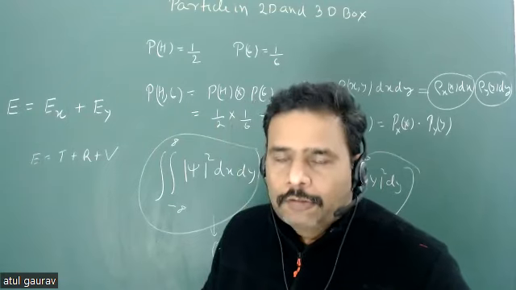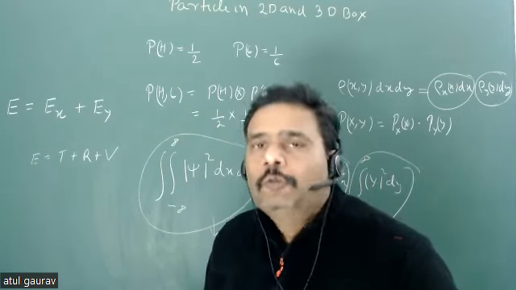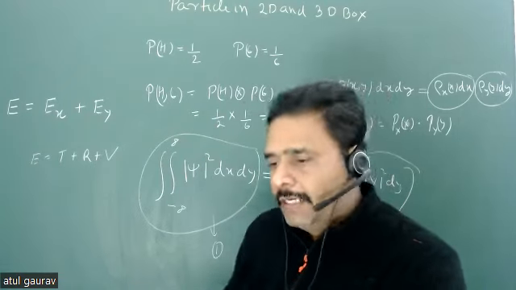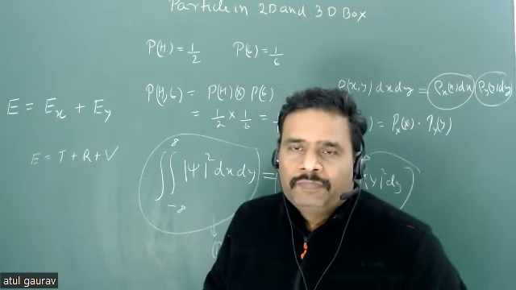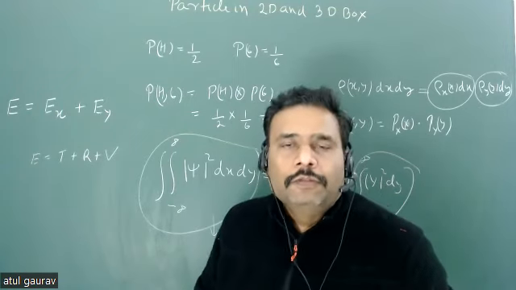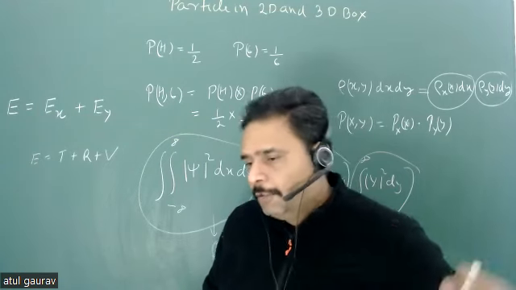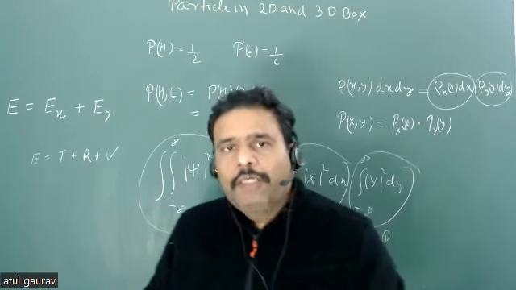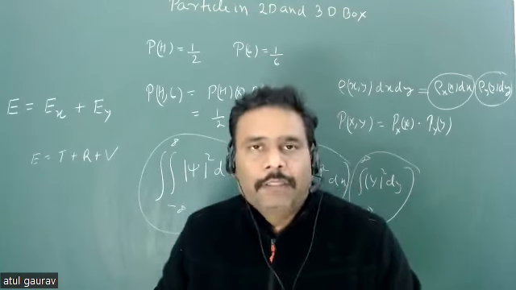And you will also see the number of quantum numbers we are going to use is nothing but the number of degrees of freedom we have in classical mechanics. So in one dimension, how many quantum numbers have we used? For a one-dimensional free particle, we have used only one quantum number because there is only one degree of freedom. So if you have two degrees of freedom, then you will use two independent quantum numbers.